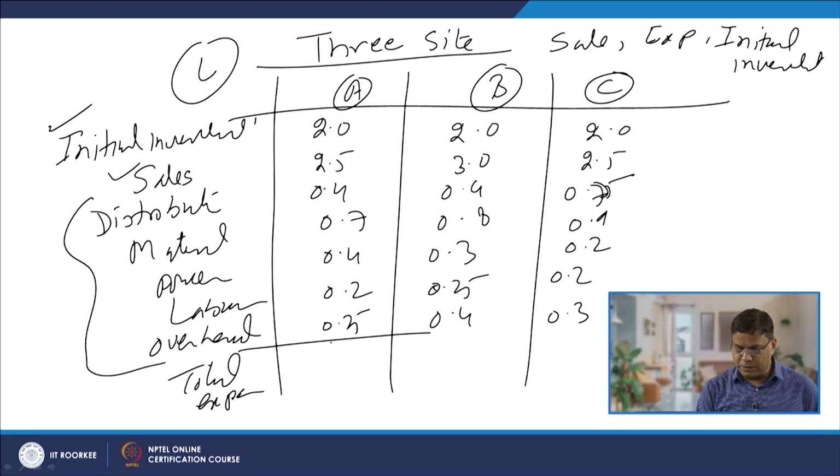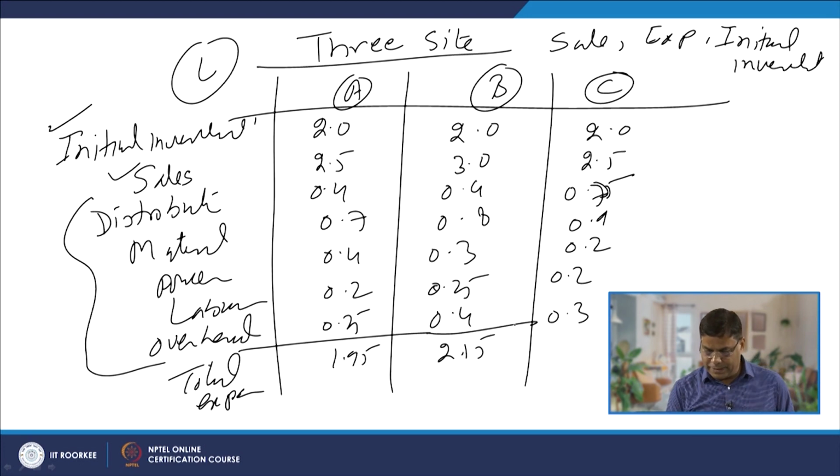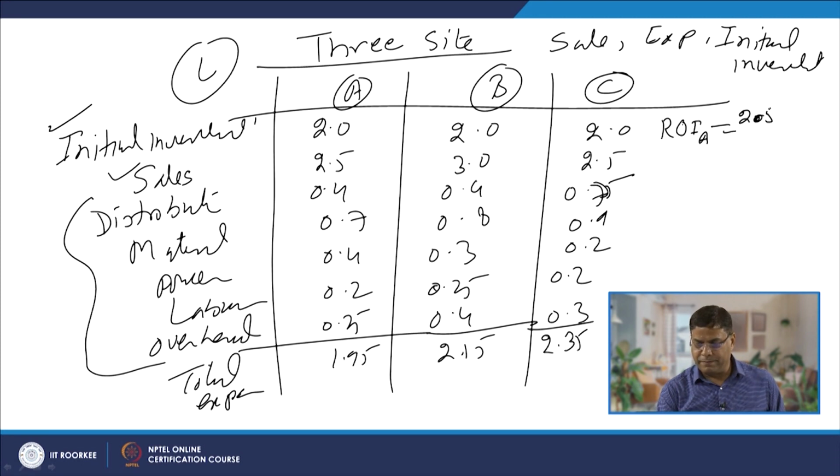So, total expenditure for site A is coming 1.95, for site B is 2.15 and for site C is 2.35. If you want to determine the return on investment for site A, we have total sale of 2.5 minus 1.95, that is the expenditure, divided by 2, the investment.